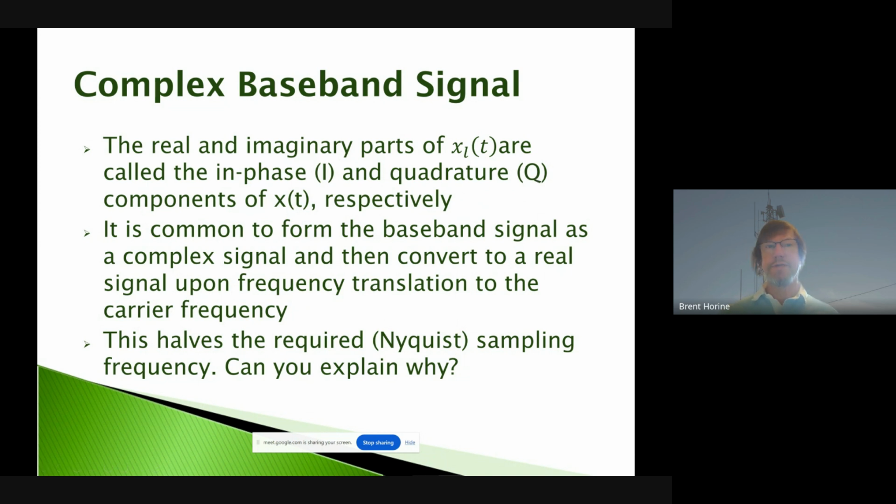Well, as it turns out, it's more than twice as difficult to build a 40 megasample per second analog to digital converter than it is to build two 20 megasample per second ADCs. Now, that frequency range is pretty easy to do these days, but as we get higher and higher in frequency, it gets harder and harder.